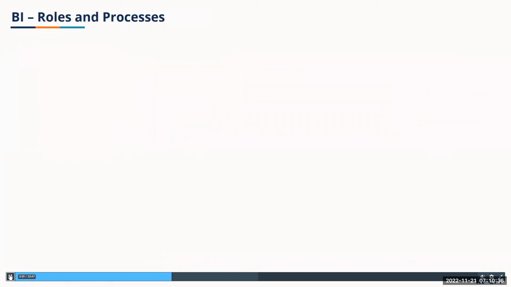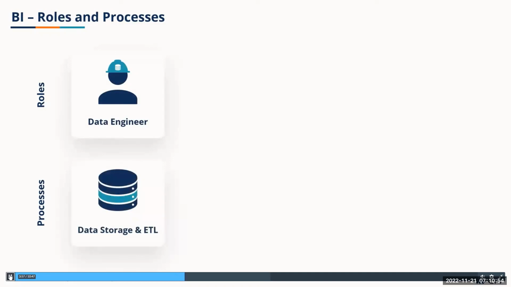As we said, BI exists to turn data into insights. To help us understand how that happens, we're going to look at 4 different roles and the part they each play in delivering insights to a business. Data engineers are responsible for organizing and moving data between systems, which is more commonly referred to as ETL, or extract, transform, and load.